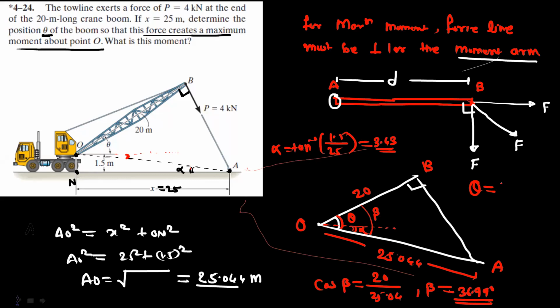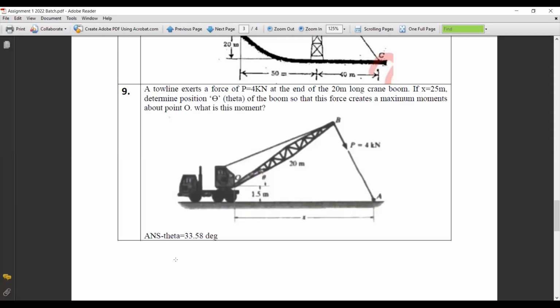This is equal to beta minus alpha. So beta is 36.99 minus 3.43, so it is 33.56. So this is your final answer, theta, for the maximum moment. So it is 33.58 as the given answer.